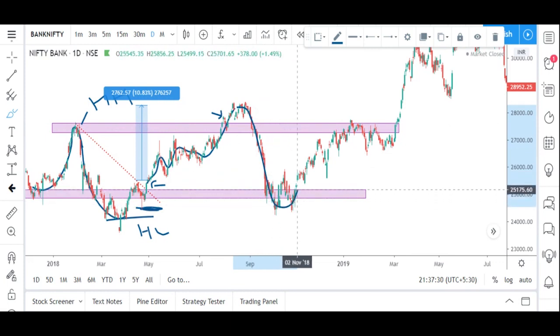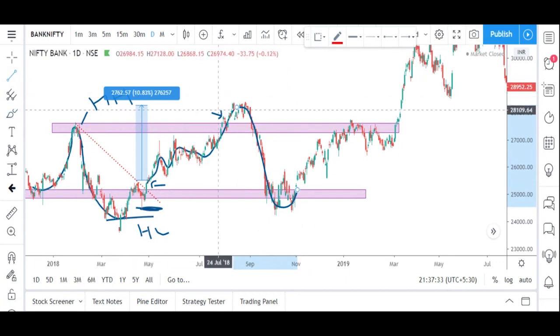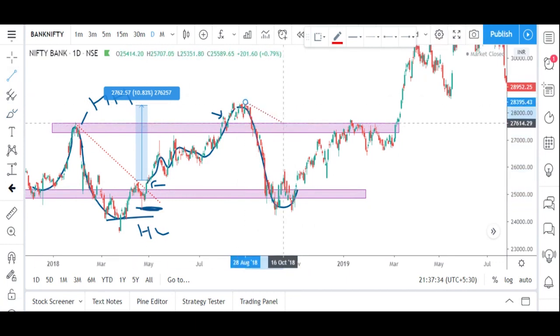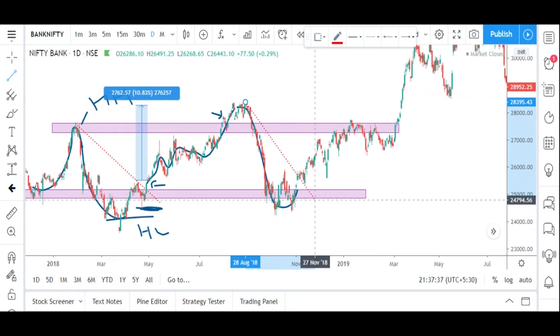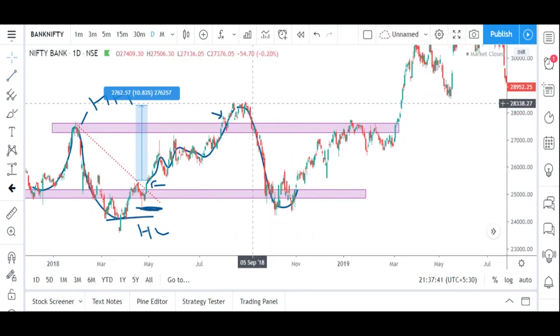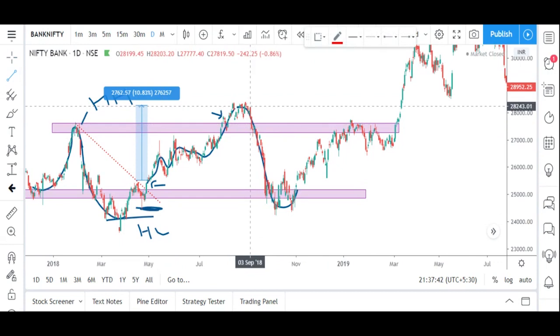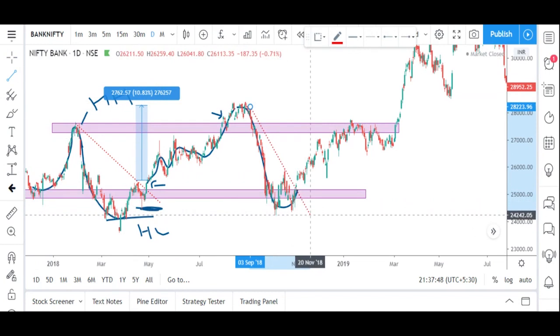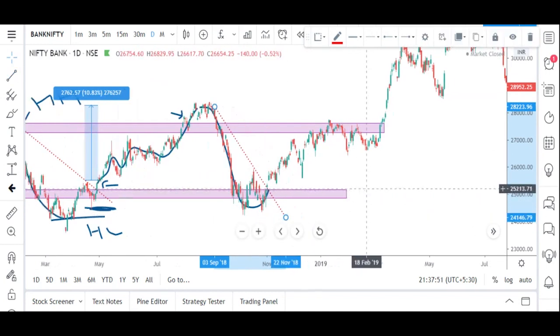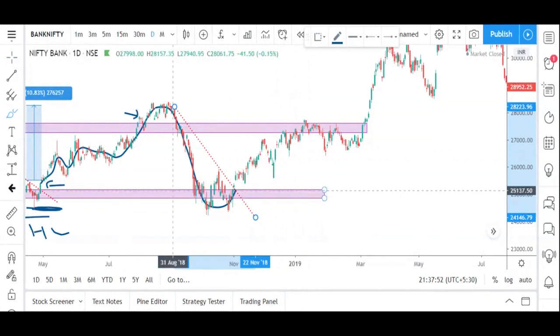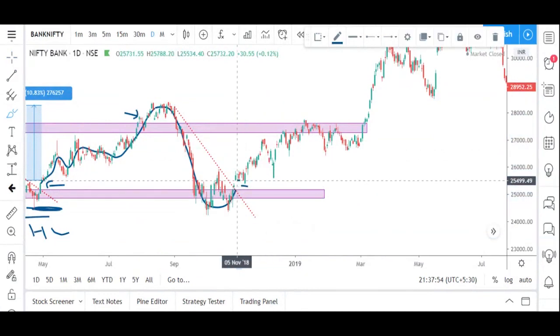It's a pullback, and we draw our short-term trend line from the highest candle. And then we enter the trade somewhere in this region.